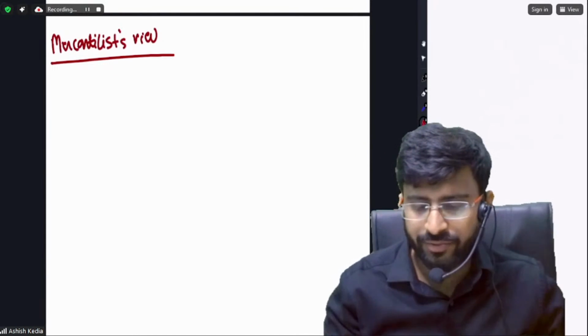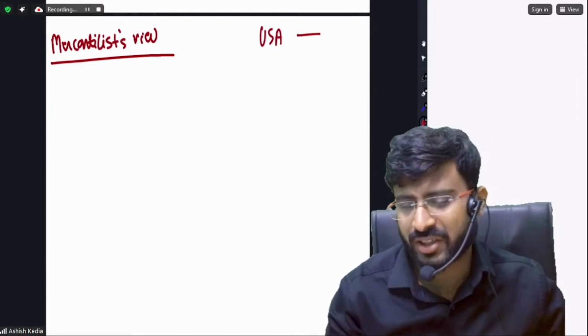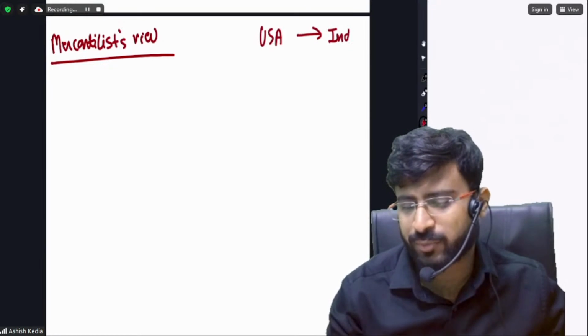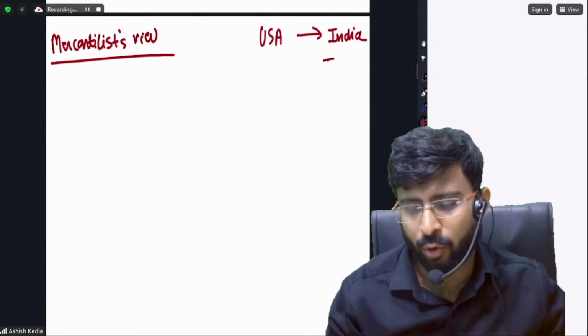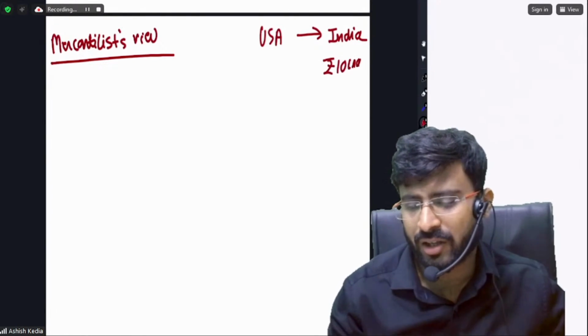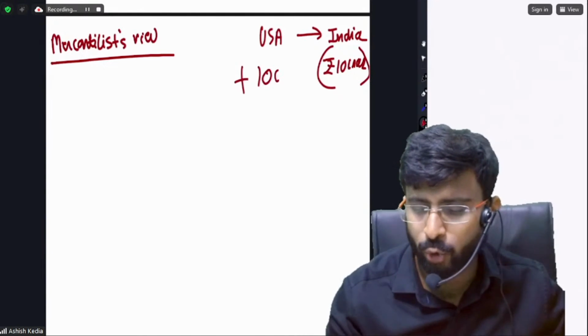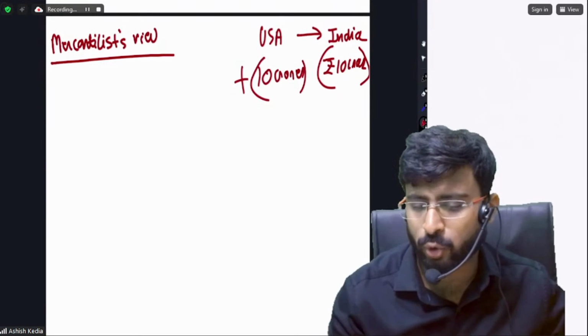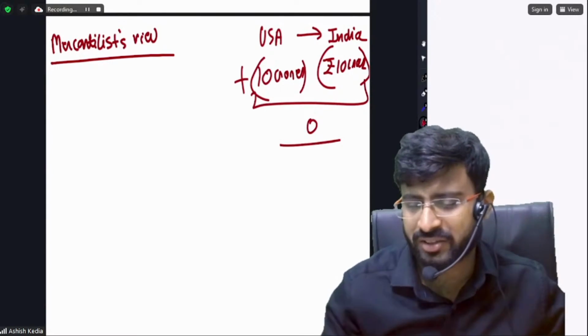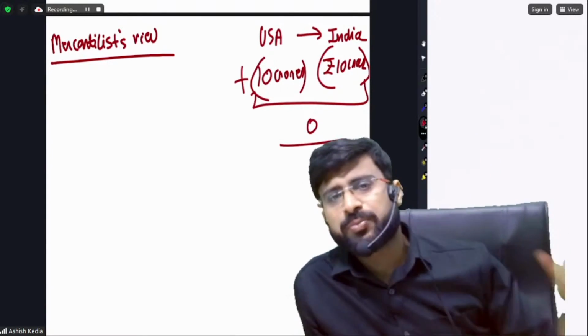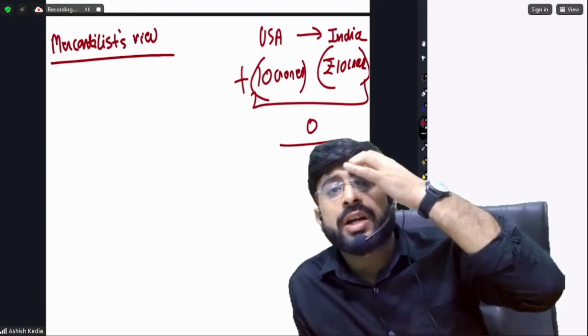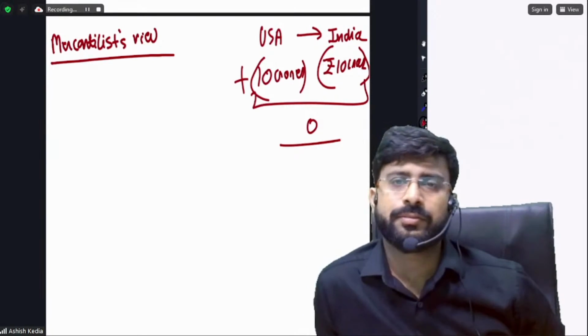Suppose USA, just for example, exports something to India for rupees 10 crores, then as per this theory, India loses 10 crores, USA gains 10 crores, and so totally it is zero. Plus 10 minus 10, it is zero. As per mercantilist view, international trade is a zero-sum game.